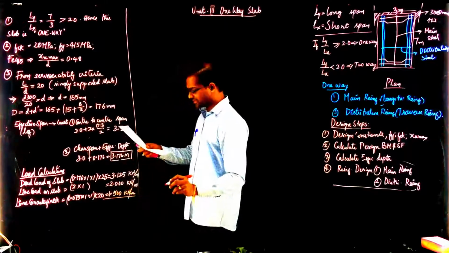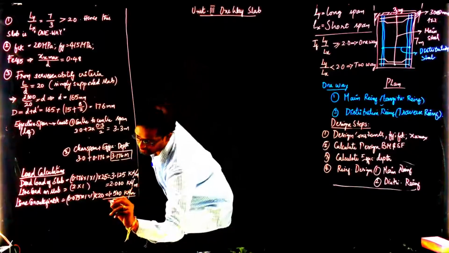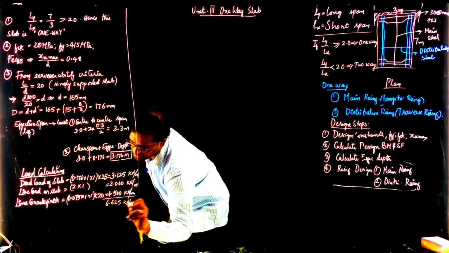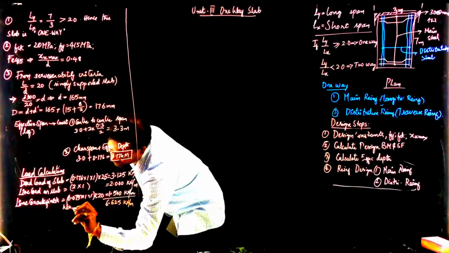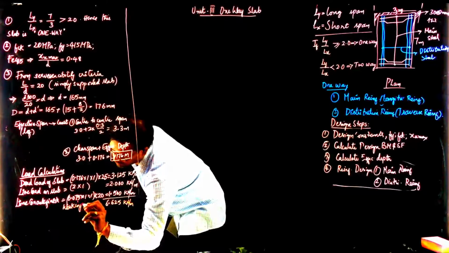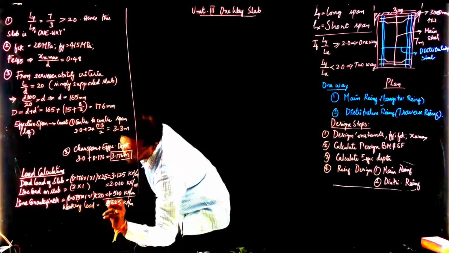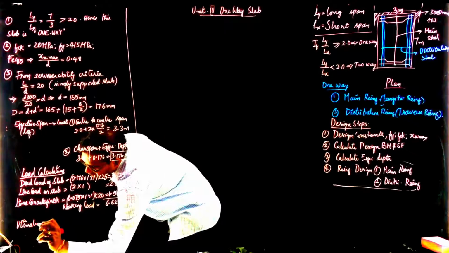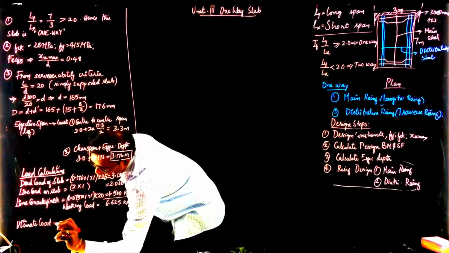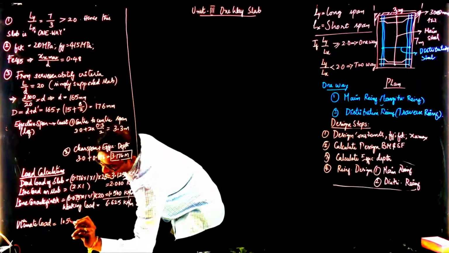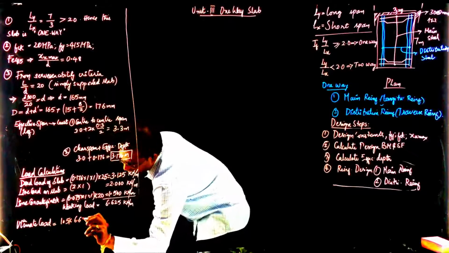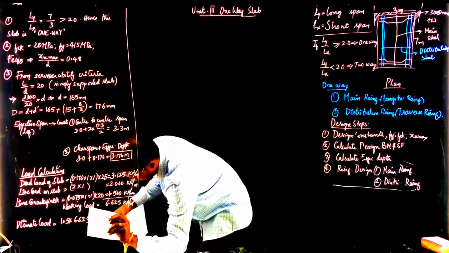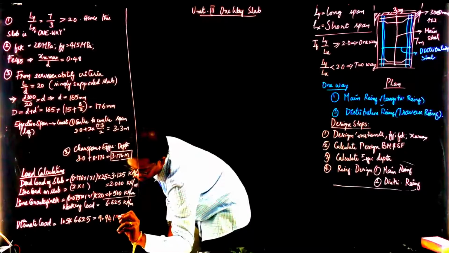Now if you add these three, you will get a value of 6.625 kilonewton per meter, which is the working load. Now the ultimate load is given by 1.5 multiplied by the working load, that is 6.625. If you multiply 1.5 with 6.625, you get 9.94 kilonewton per meter.